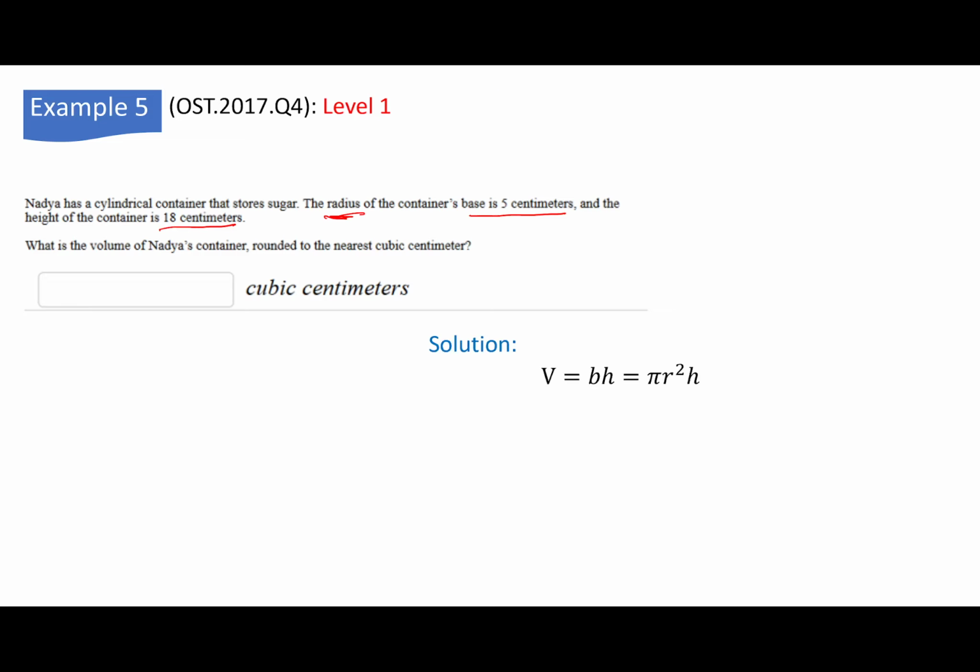So volume is base times height, pi r squared times h, 3.14, radius is 5 squared, height is 18. You get 1,413 cubic centimeters. Now, if you use a different approximation for pi, you might get a different answer. Both are correct.